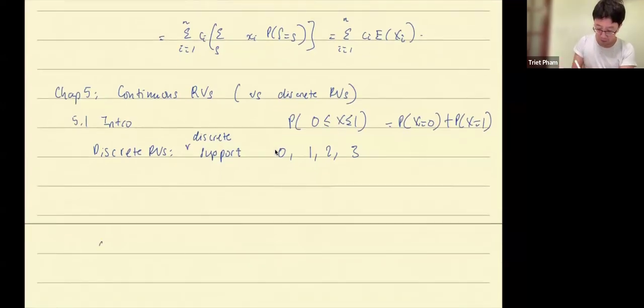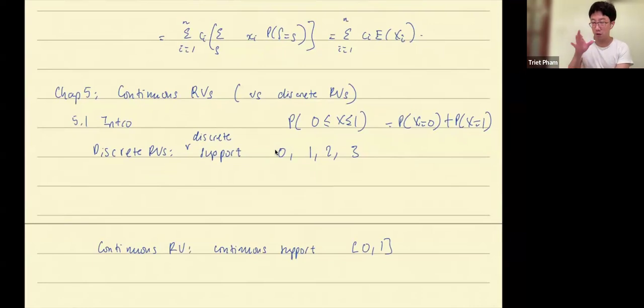On the other hand, a continuous random variable will have continuous support. What does that mean? First of all, that means that the range of values you can take usually is over an interval, like 0 to 1 or 0 to infinity or minus infinity to infinity.